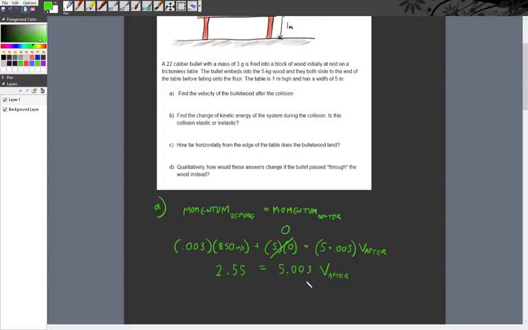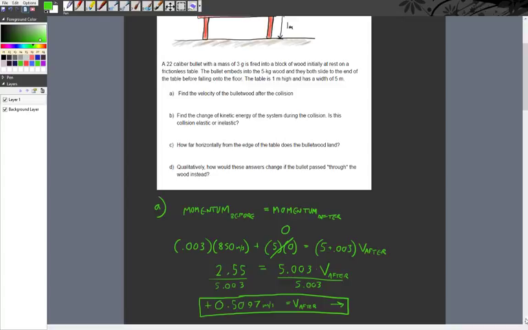We divide both sides by 5.003, the mass, and we get 0.5097 meters per second is equal to V after. This is a positive value, so we know it's going to be to the right. And that's all you have to do for part A.